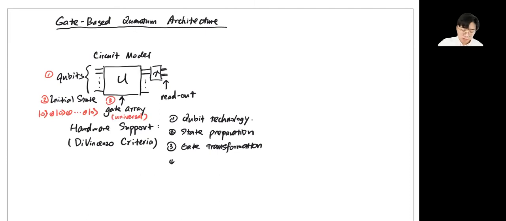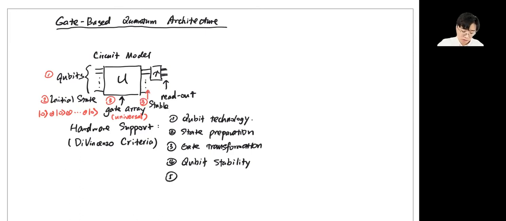And the fourth criterion is qubit stability. Ideally, these qubits need to be stable, at least for the duration of computation, so nothing unexpected happens to the qubits.